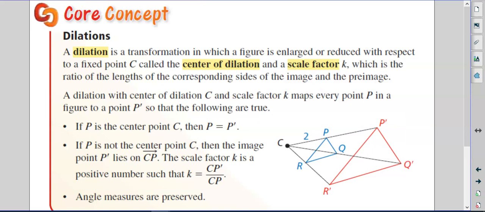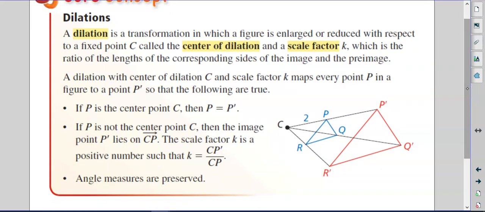All right, here's more of that fun gobbledygook of math speak. But let me just get down to the main idea here. Here we have the center, and then we have P and P prime. It's always going to be in that order. The ratio is called the scale factor, and the scale factor is how it changes.